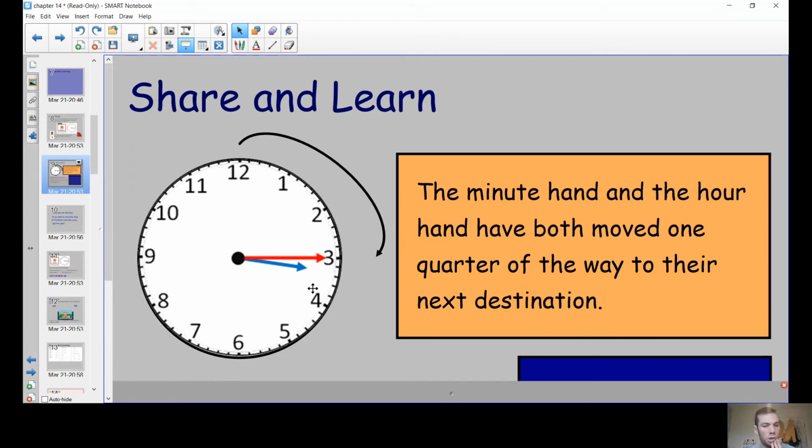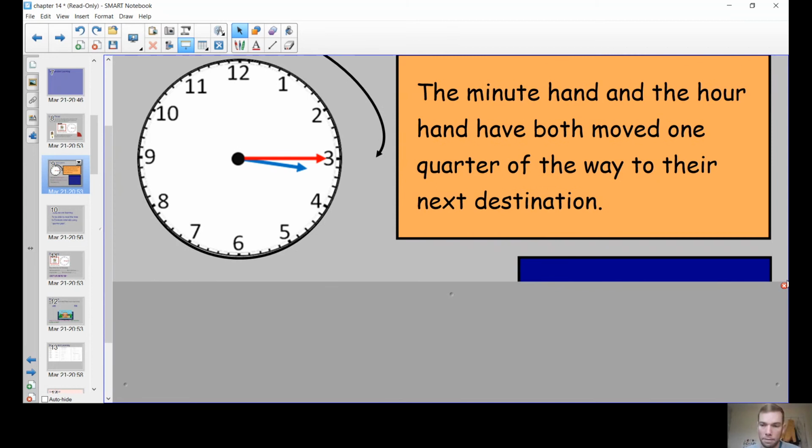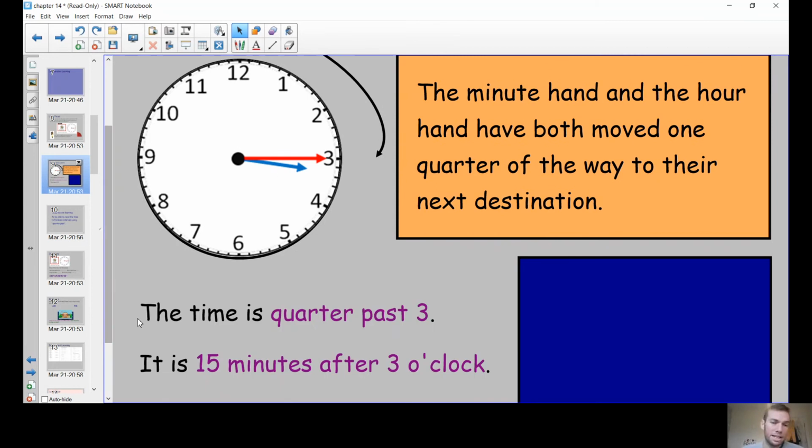So it's moved a quarter of the way past 3, and the minute hand has moved a quarter of the way around the whole clock. Quarter past 3. Now there are other ways we can say this as well. I can say the time is quarter past 3. I can also say it is 15 minutes after 3 o'clock.